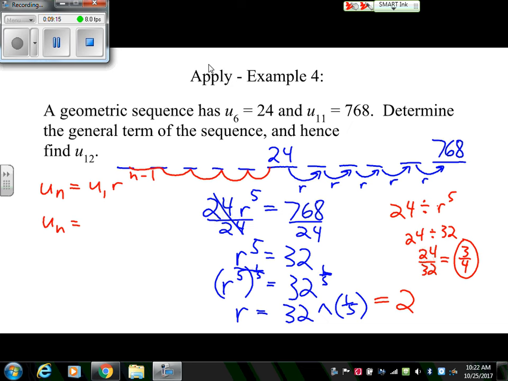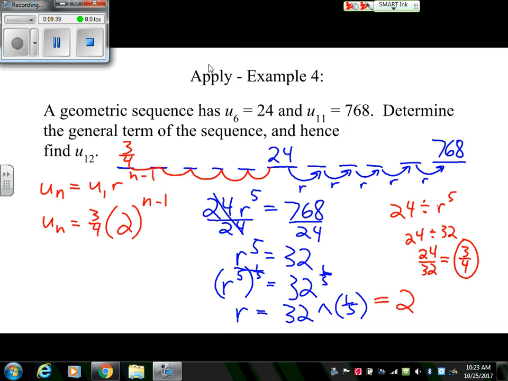So we would have 3/4 as our first term. Now we can plug that in. So we have 3/4 here. We have our common ratio of 2. And then we have our power of n minus 1.